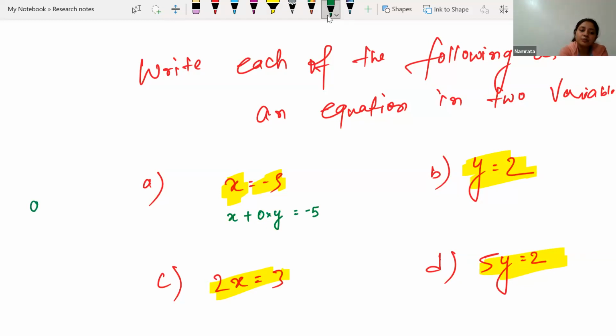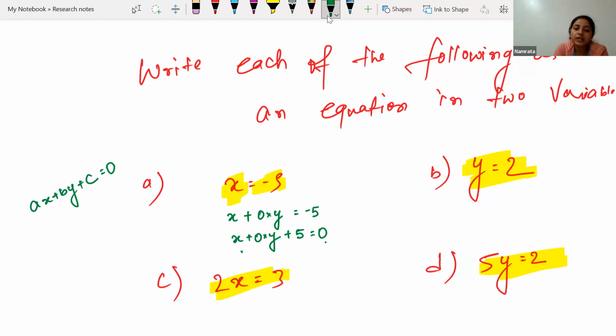If we represent it in the standard form ax plus by plus c equals 0, then we can write it as x plus 0 into y, because y is not there, plus 5 is equal to 0. This is the standard form. We have also maintained the standard format.